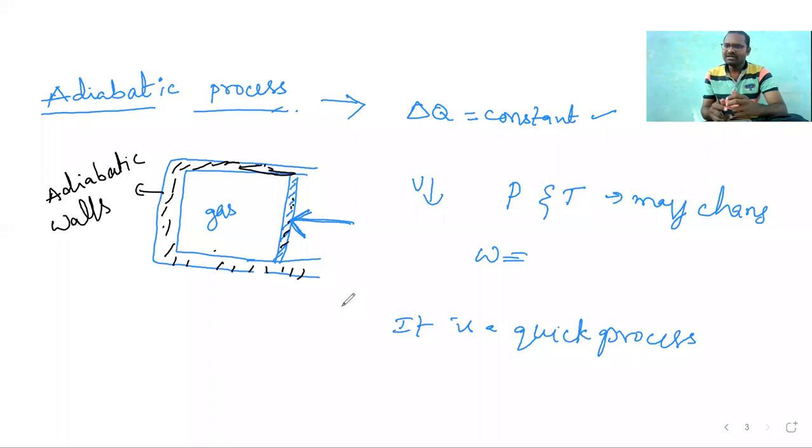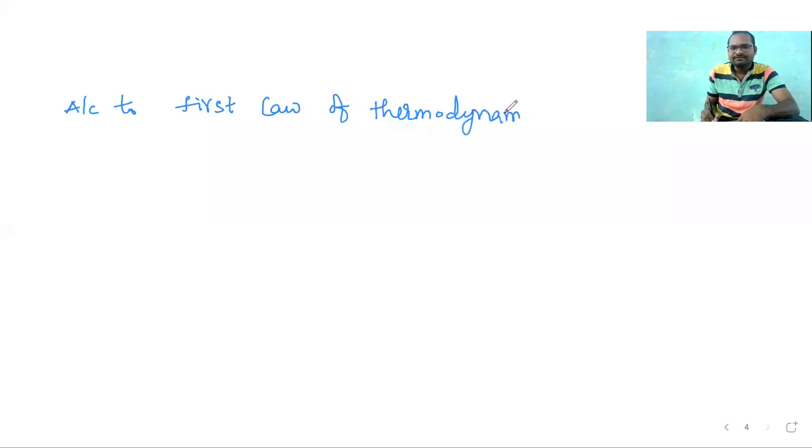So in an adiabatic process, heat energy remains constant. You need to remember that, and it is a very quick process. Now, according to the first law of thermodynamics, what is it saying? The heat energy that we supply to the system or gas equals the sum of the increase in internal energy of the gas and the work done.